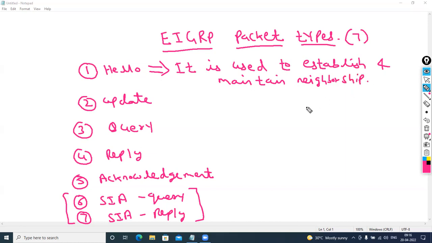How come hello is used to maintain and establish? Every 5 seconds it will send. First it will establish the adjacency.